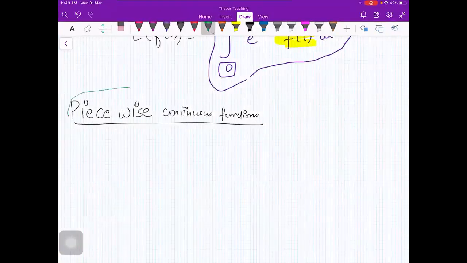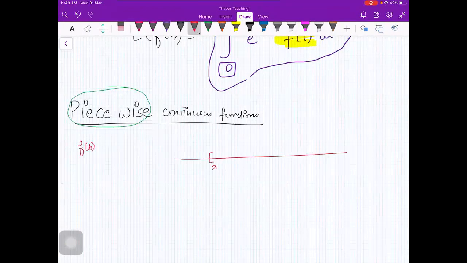Suppose there is a function f of t and there is an interval a b. Continuous, everybody knows.